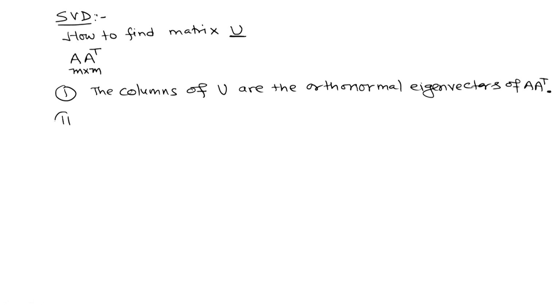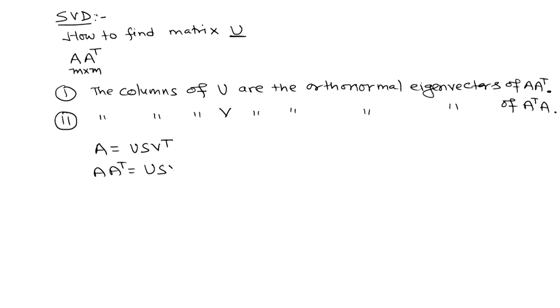Basically, the columns of V are the orthonormal eigenvectors of A transpose A, and this you can prove quite easily, because A is U S V transpose. So, A into A transpose will become U S V transpose into (U S V transpose) transpose.